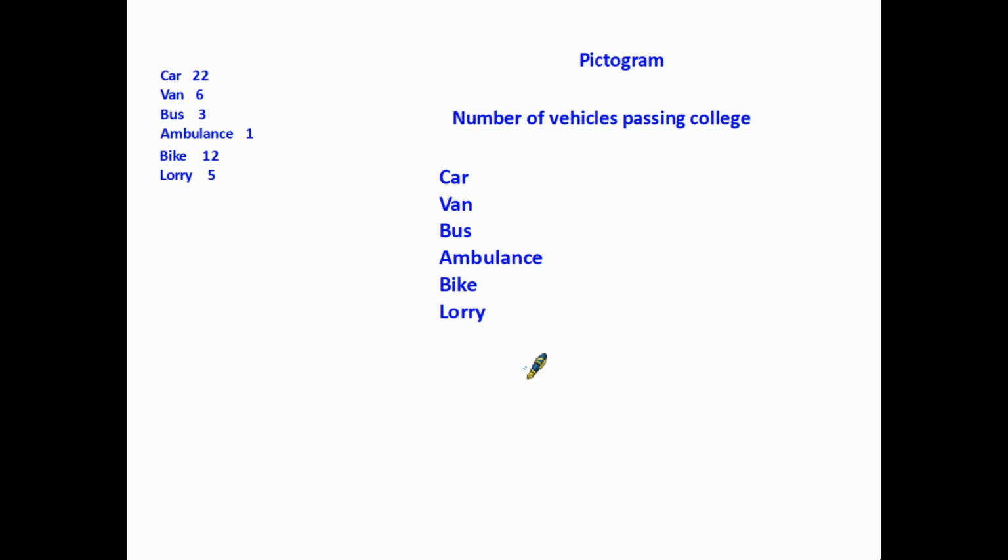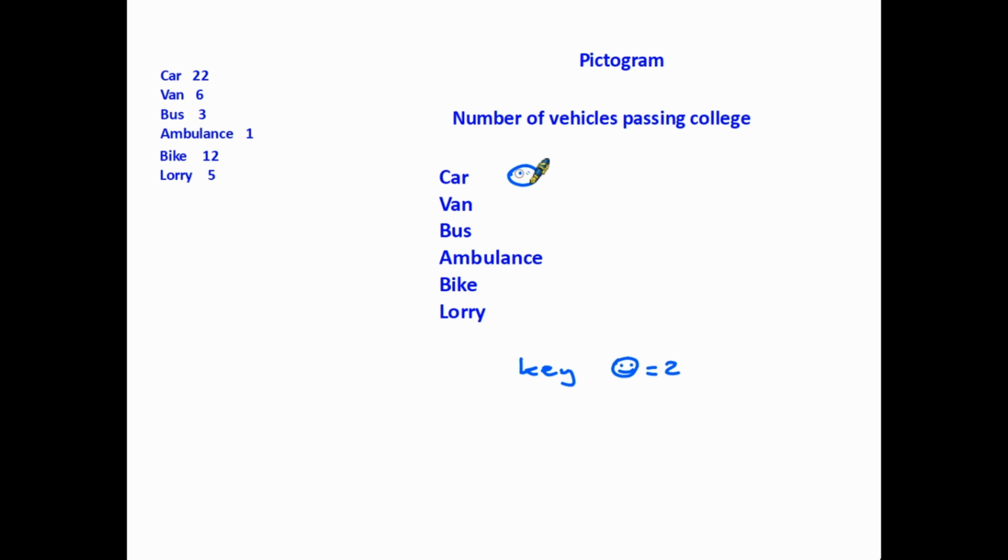So the first thing that a pictogram has to have is a key. And let's just start by saying, okay, in my pictogram, one smiley face is going to be equal to 2 vehicles. So I'm going to use that key for all the different kinds of vehicles.